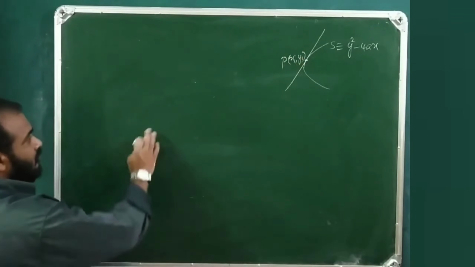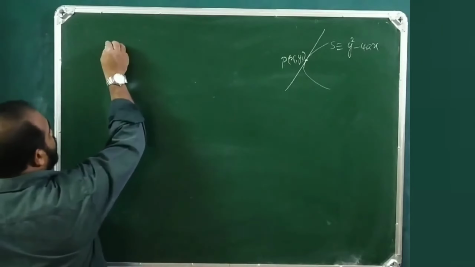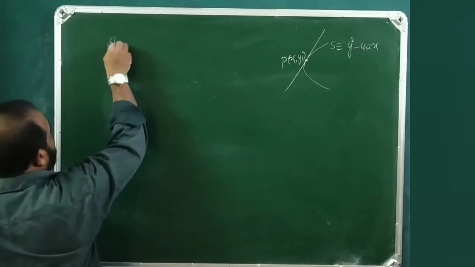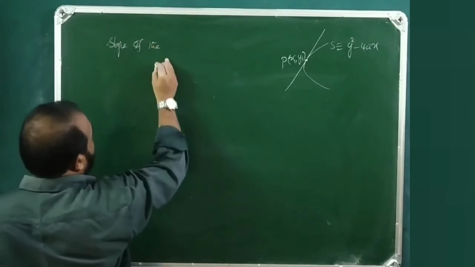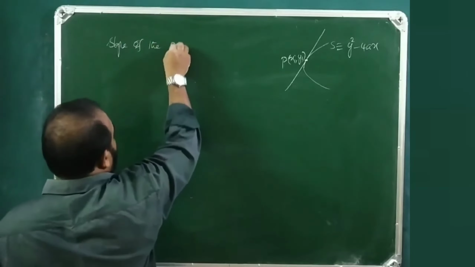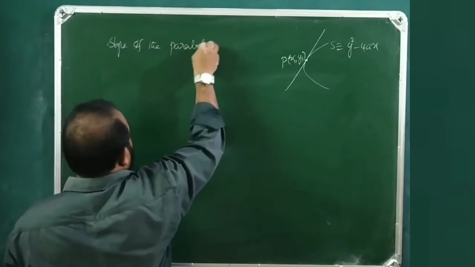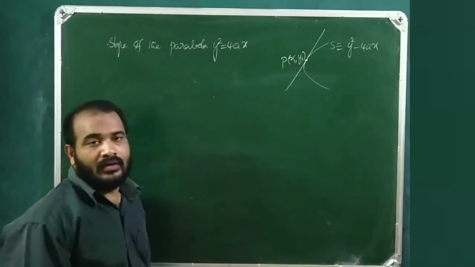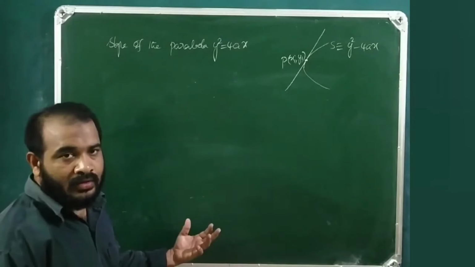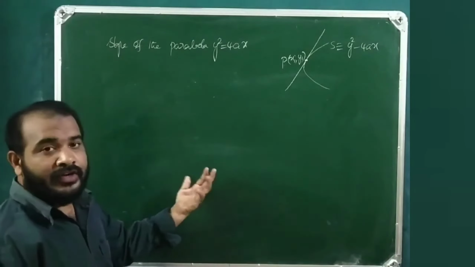So the slope of the parabola y square equals 4ax can be found through differentiating.